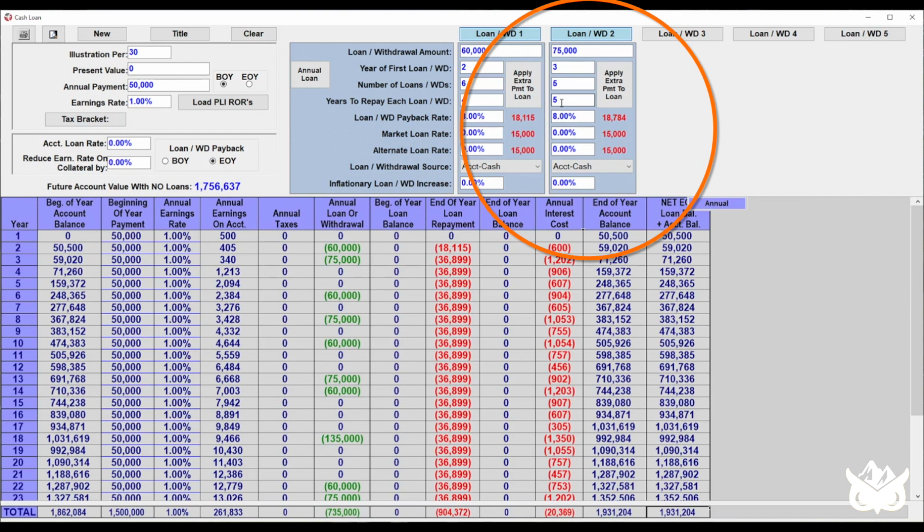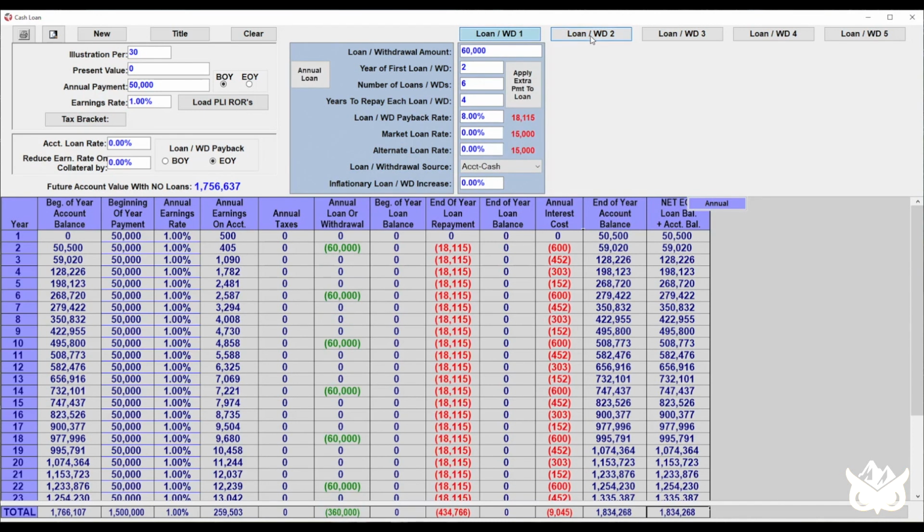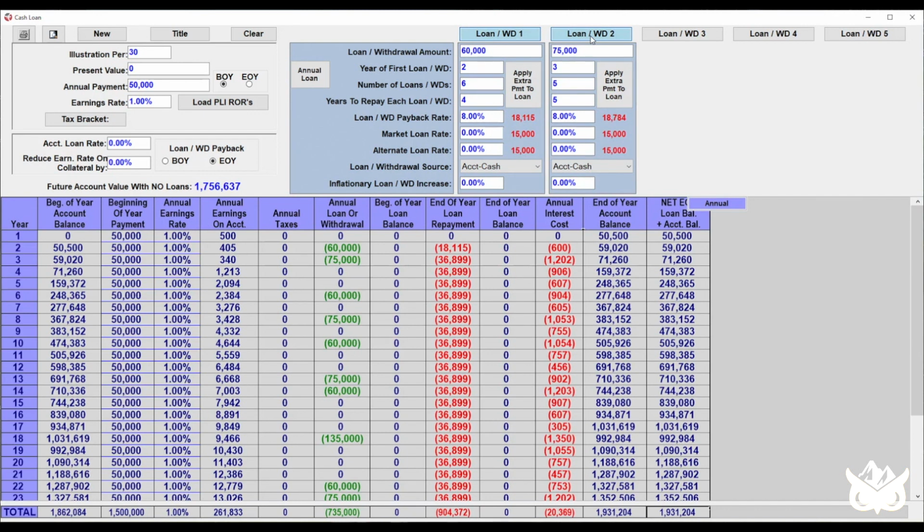And we're going to pay that $75,000 over a 5-year period. So maybe we're buying some rental properties or whatever it might be. Now that payment is $18,000, and now we're at $1.9 million just by applying the banking principles to our money. So again, we're going from 1.8 to 1.9 just by adding an additional loan.